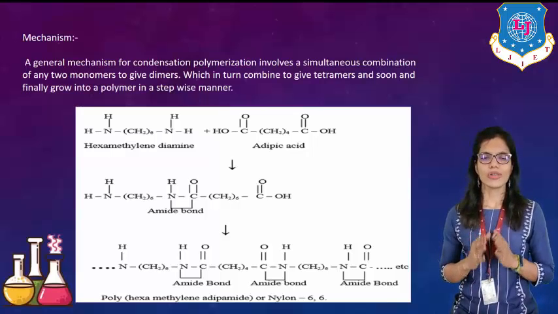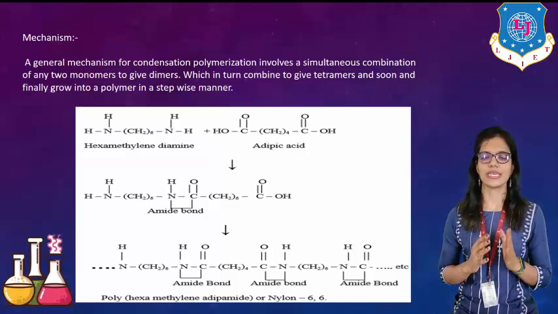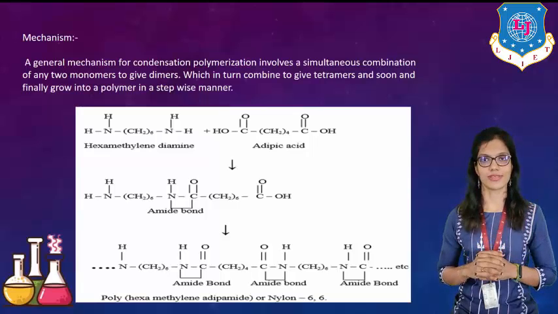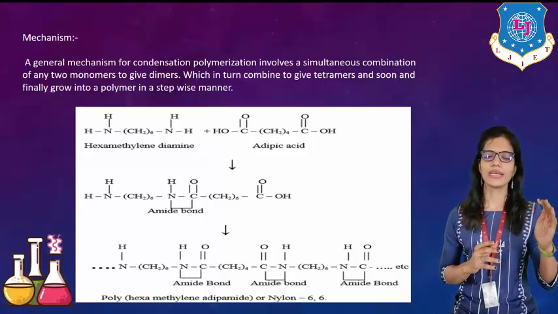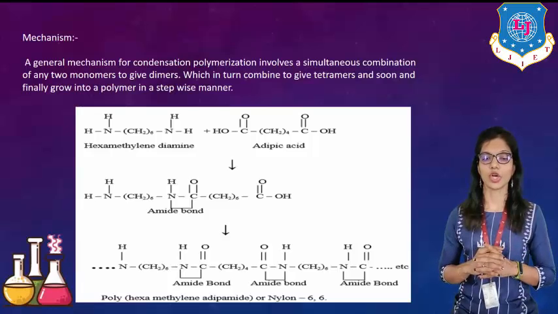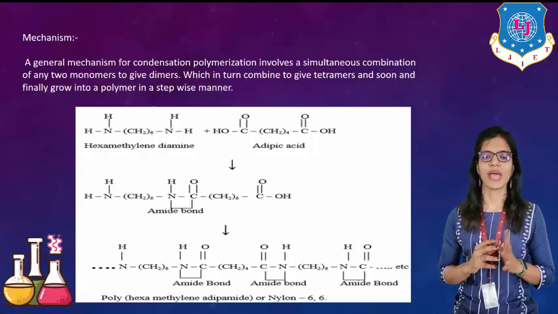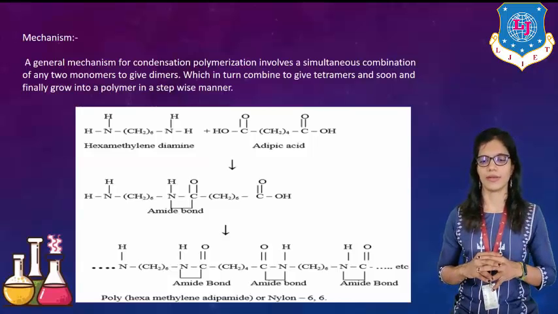So nylon 6:6, as you can see in the image, is made up of two different monomers. First monomer is hexamethylene diamine. Why is it known as hexamethylene diamine? Because it contains 6 methylene groups, as you can see here, and 2 amine groups. So they form hexamethylene diamine.